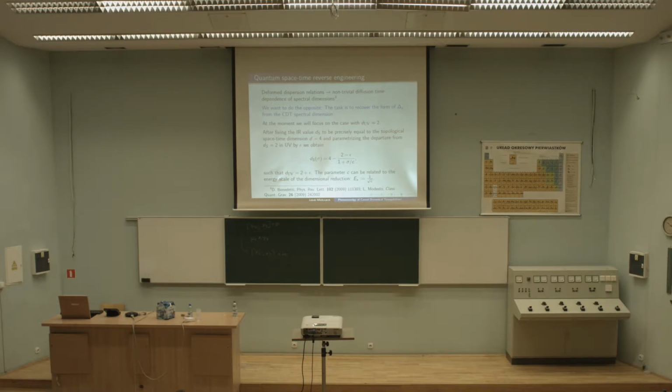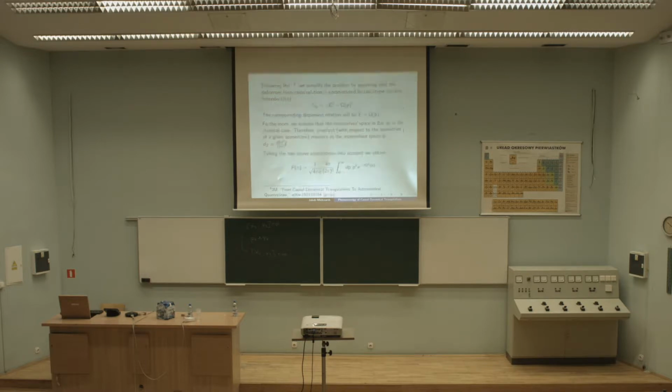So what I want to do as a first step here now is to try to recover the form of the momentum space representation of the Laplace operator for a given parametrization of the spectral dimension dependence on the diffusion time derived from CDT.